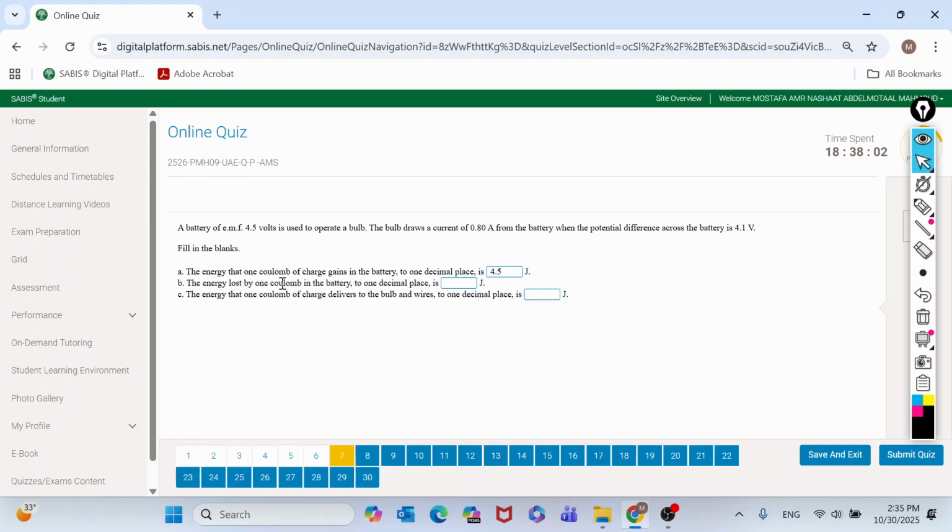Okay, and the energy lost by 1 coulomb in the battery, so it's the electromotive force minus the potential difference. So it's going to be 0.4. And the energy that 1 coulomb of charge delivers to the bulb. So that's the energy at the end. Okay, so 4.1.